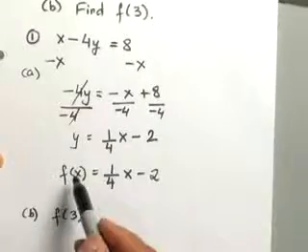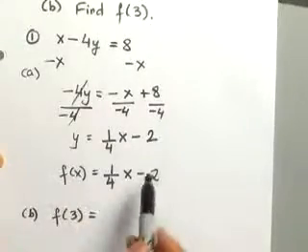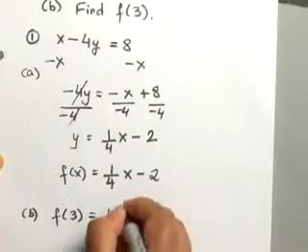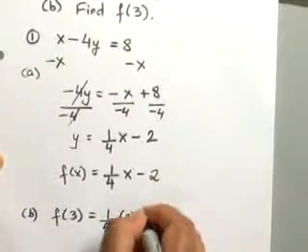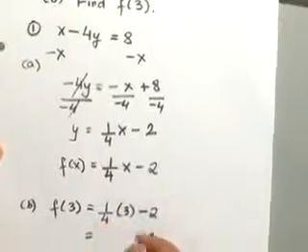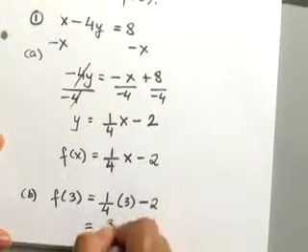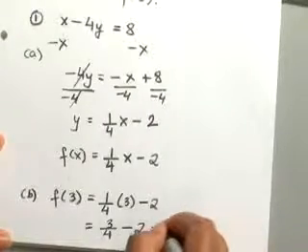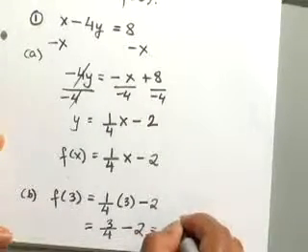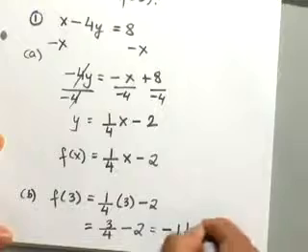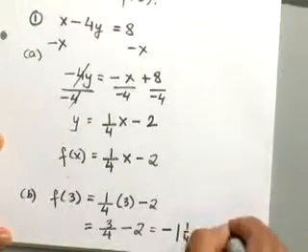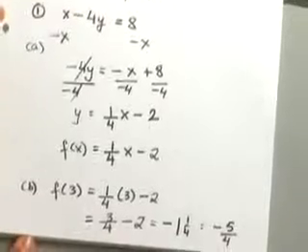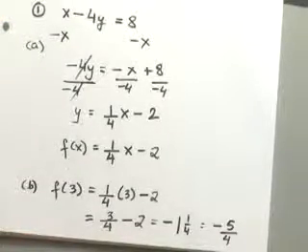Once you have your equation in function notation, we can go ahead and find f of 3, where we replace our x with 3, and you will end up with 3/4 minus 2, which is negative 5/4, however you would like to represent that.